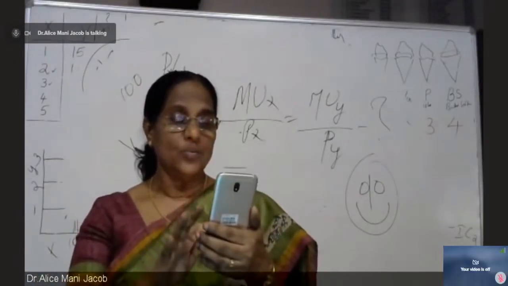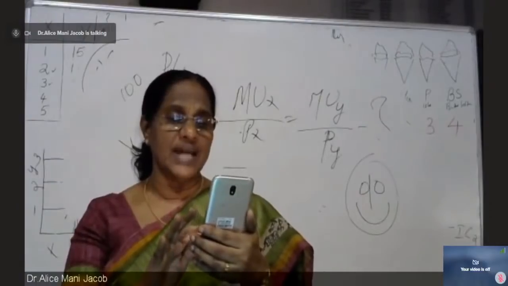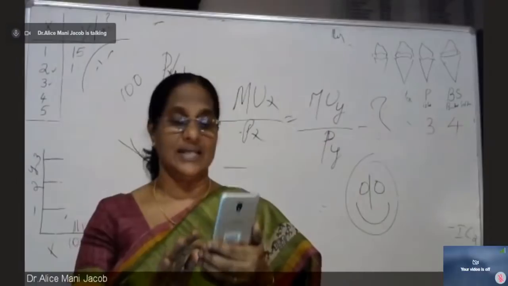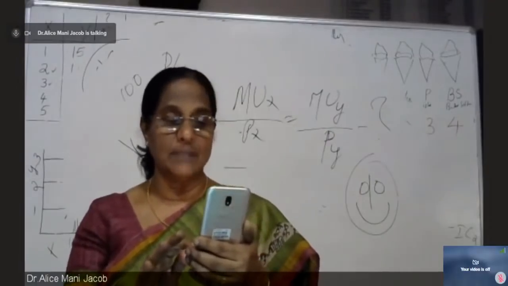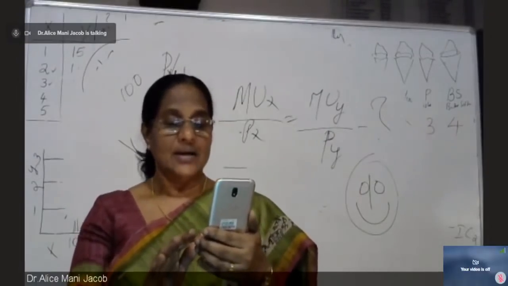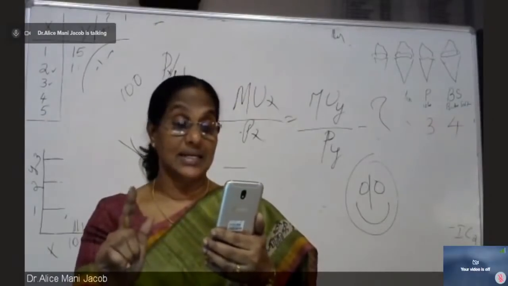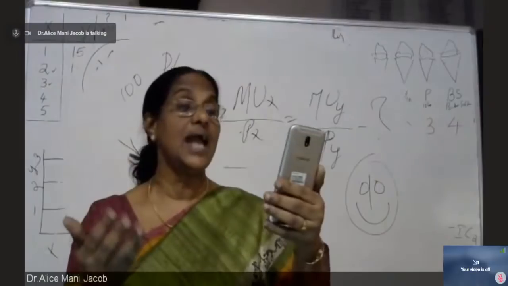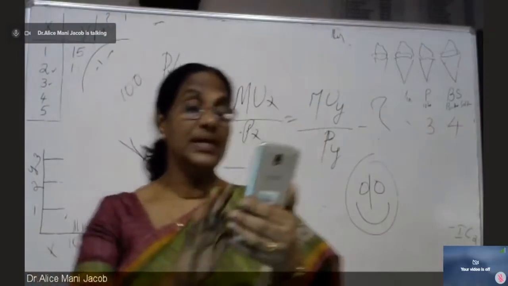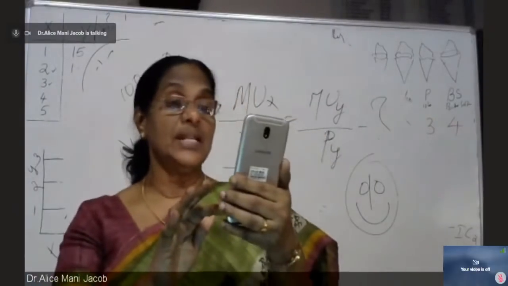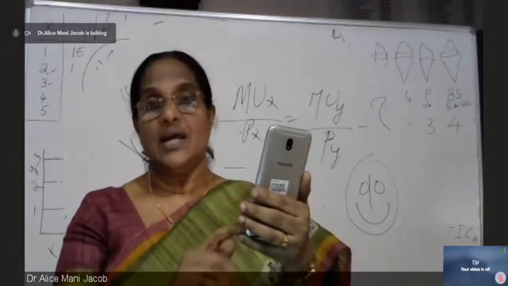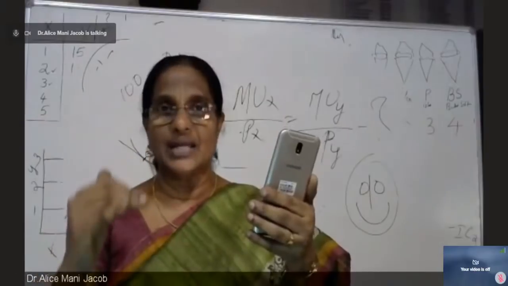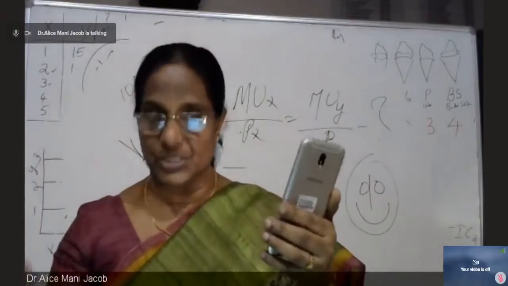Ma'am, in indifference curve analysis, income is constant, right? Yes. We keep our income constant, and budget constraint is a reality, right? Ma'am, please explain MRS once again. MRS is the marginal rate of substitution.